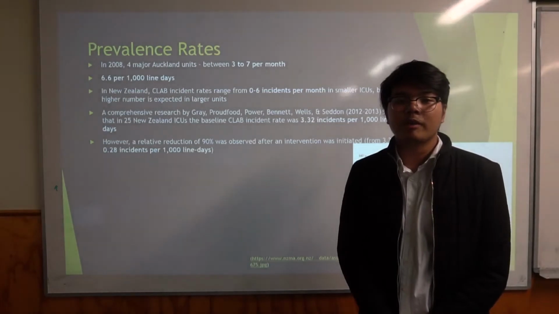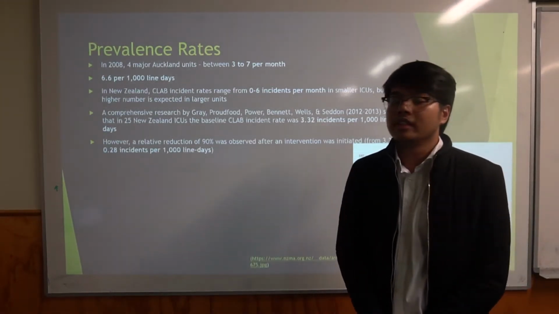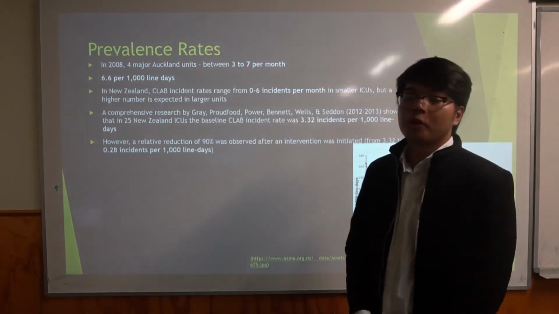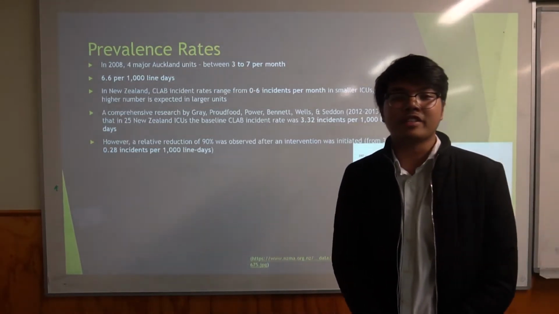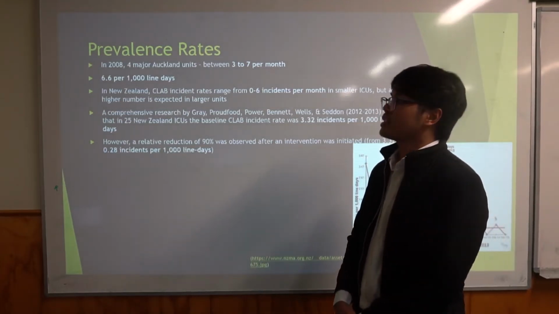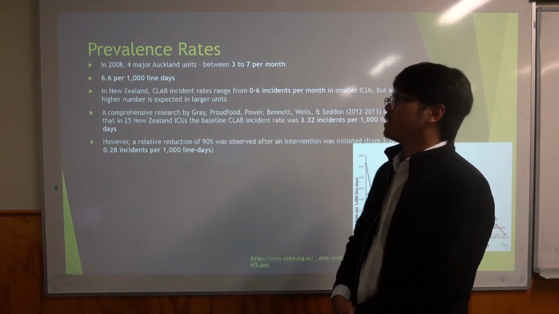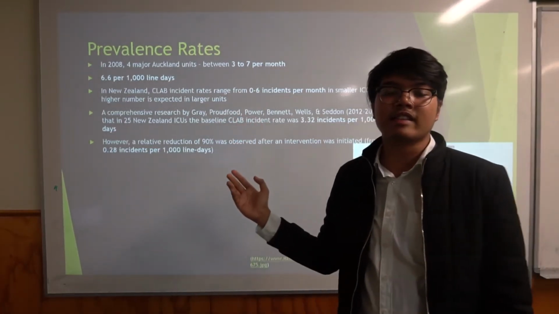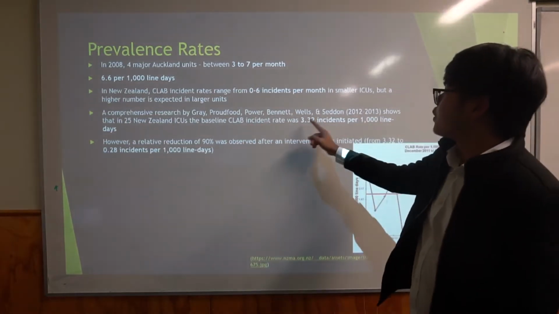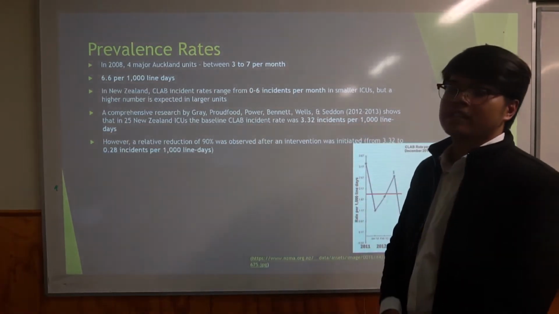I'm going to talk about the prevalence rates of CLABSI infections in New Zealand. In 2008, 4 major Auckland units reported 3 to 7 CLAB infections per month. This translated to 6.6 incidents per 1,000 line days. However, this was reduced to 3.32 incidents per 1,000 line days in 2012.